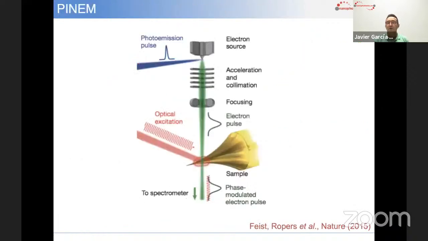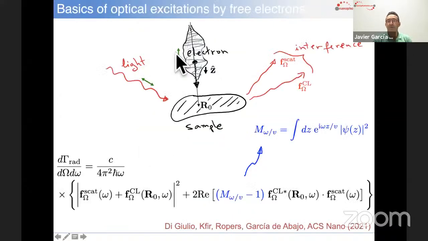Okay, so how can this be done? I mean, we are talking about electron pulses. Maybe you have light in order for them to coincide. Maybe you also have to have light pulses.